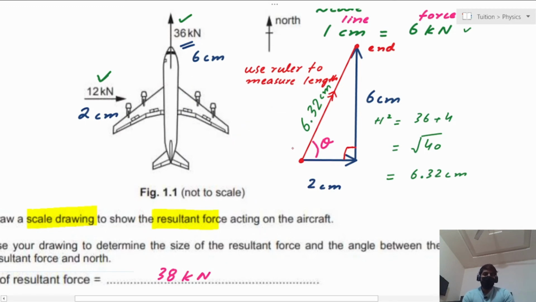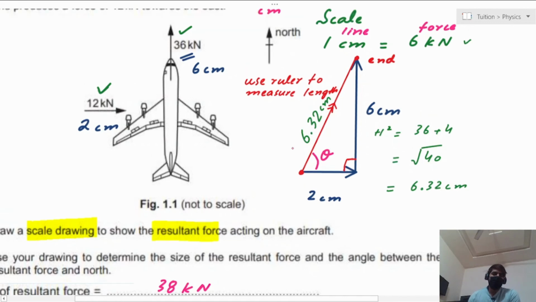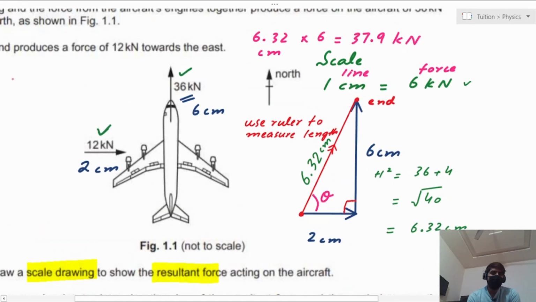And if you were using the Pythagoras theorem method, you can consider this a right-angled triangle, and then you can use tan theta equals perpendicular, which is 6, divided by base, which is 2. Then you can find theta from here.